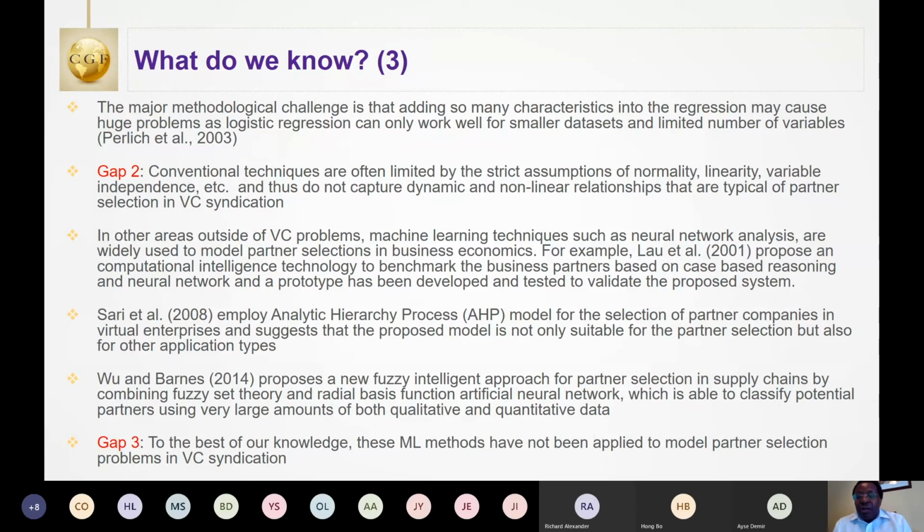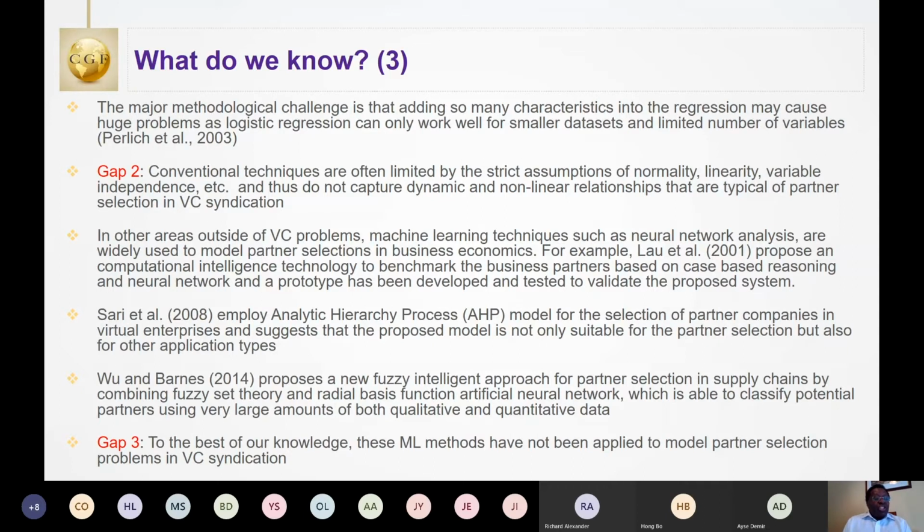For example, the paper by Lau and others, 2001, proposes a computational intelligence technology which can benchmark business partners based on case-based reasoning and neural network. And they also develop a prototype, test the prototype, and validate the proposed system.